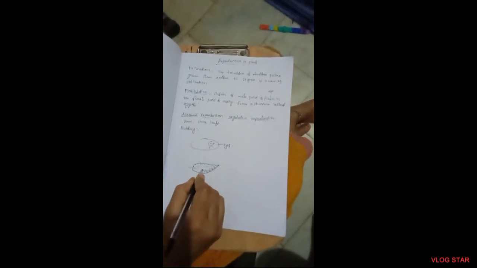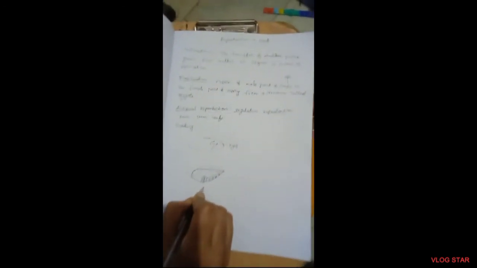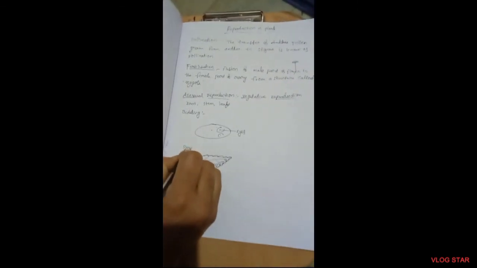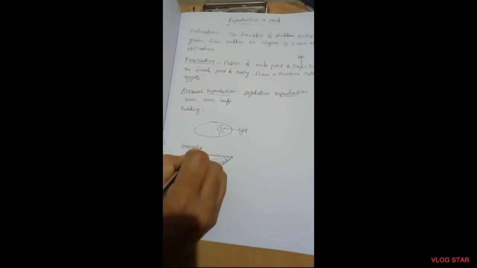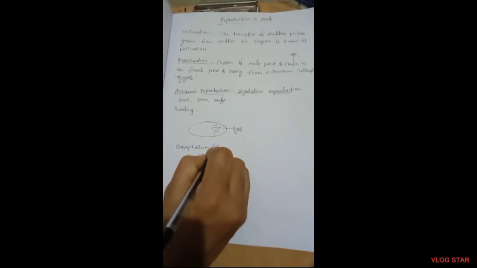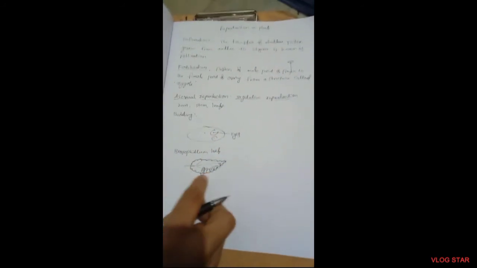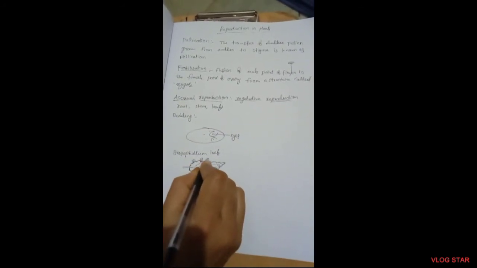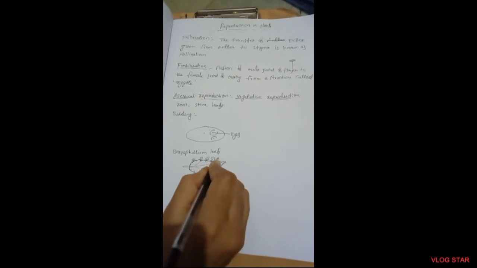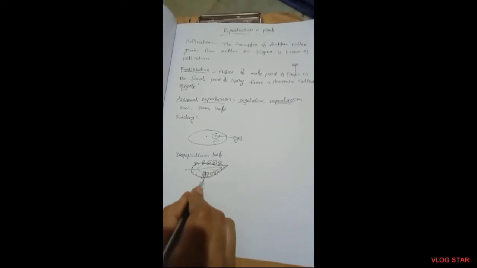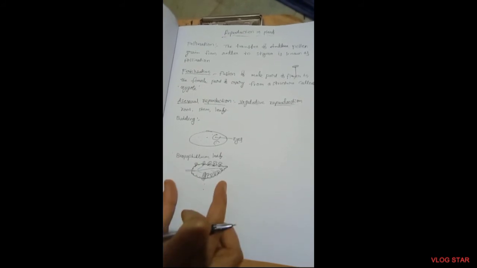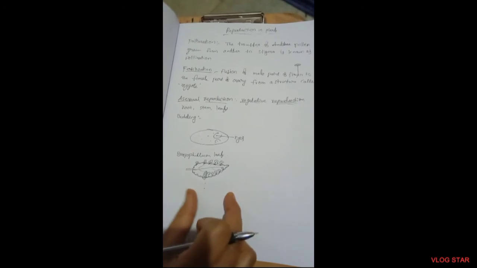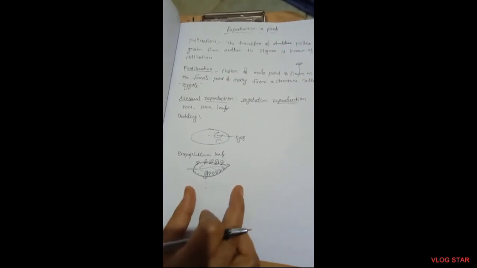Each bud falls down onto the ground and develops into a new one. Around the surface of this leaf, small bud-like projections are present. These projections fall down onto the ground and develop into a new one. This is one of the vegetative reproductive methods. Through these leaves also we produce new ones.